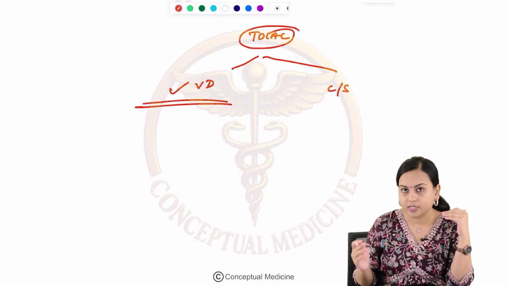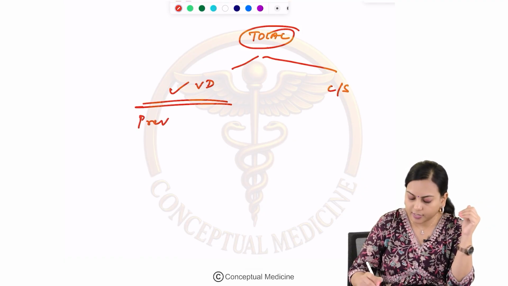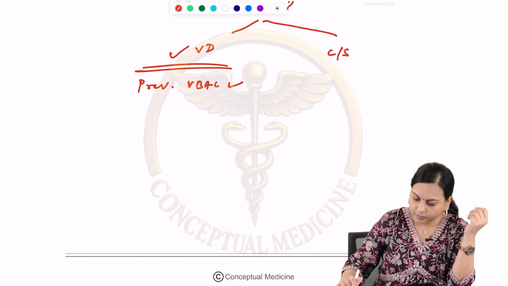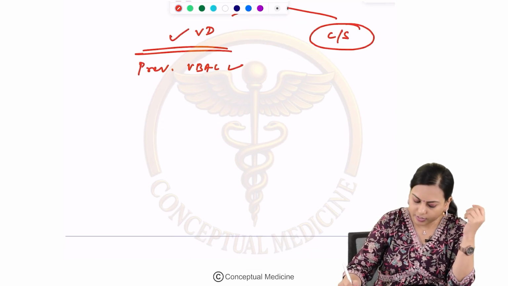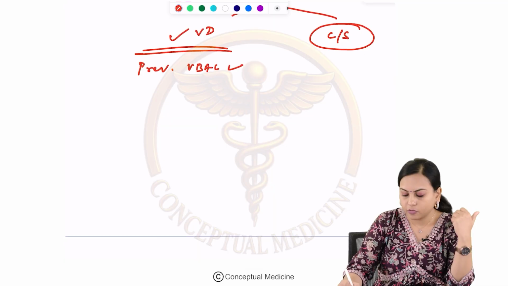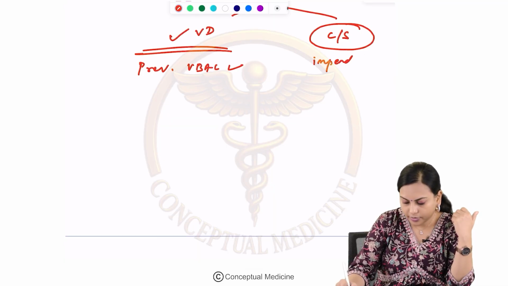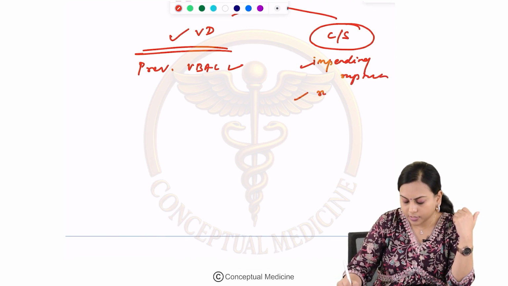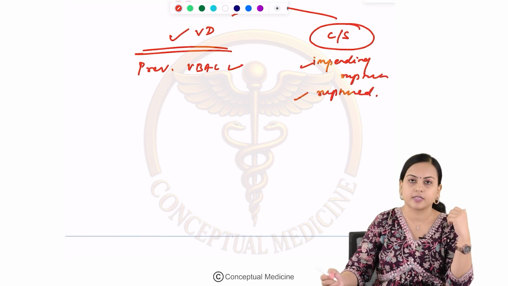Most important predictor of successful vaginal delivery is a previous history of successful VBAC. For cesarean section, if there is an impending rupture of the uterus or the rupture has already occurred, then it will result in cesarean section.